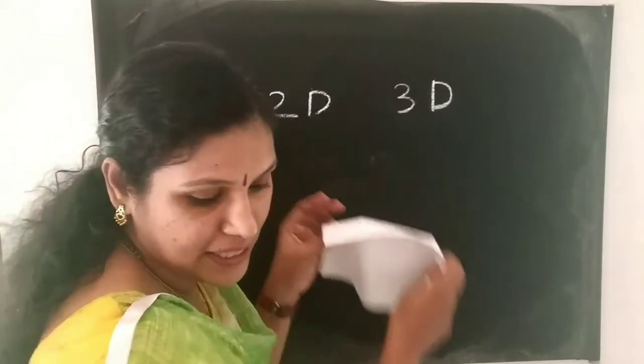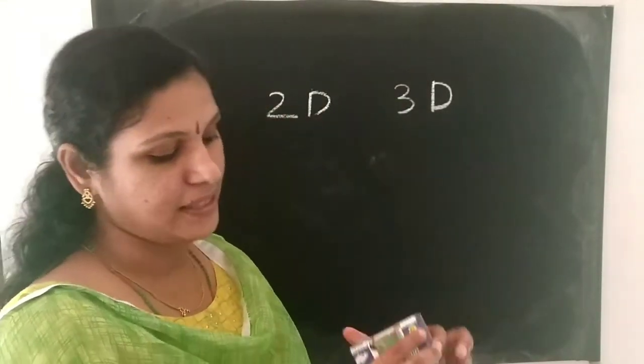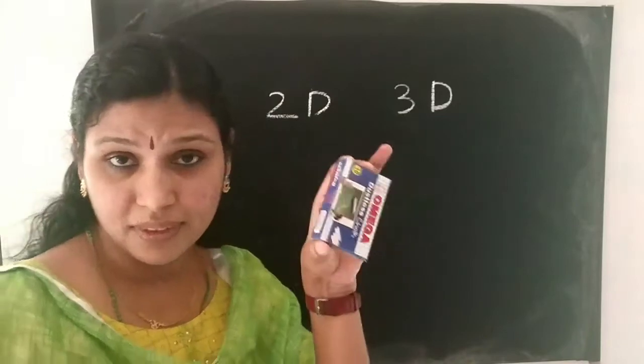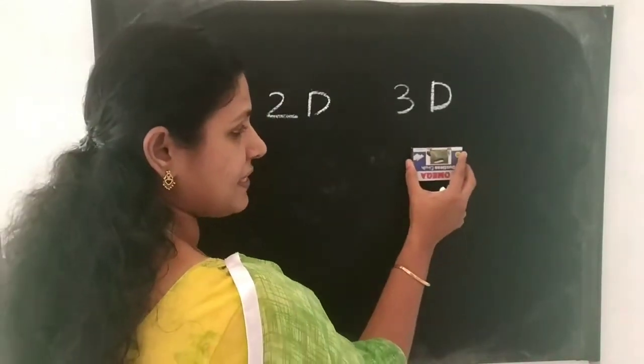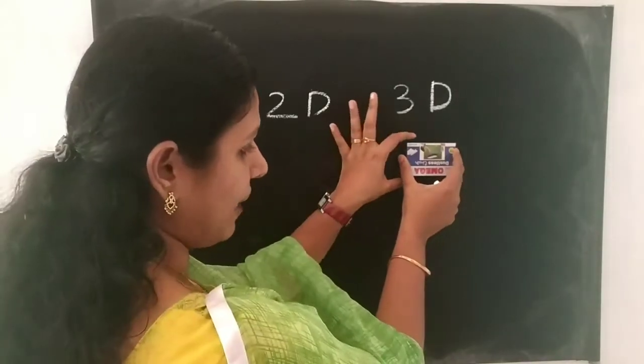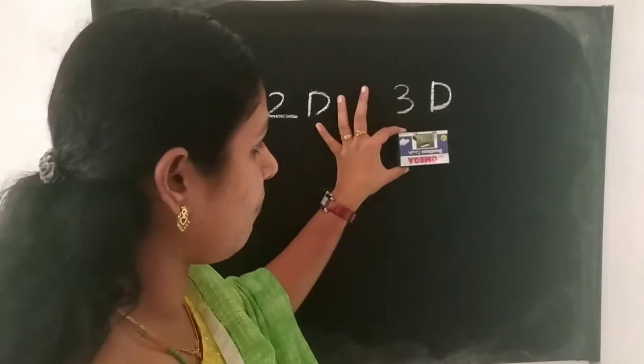But in the case of this, see this, it's a 3D shape, and when we place this on the surface or this blackboard, we can see that this object will be pushed.